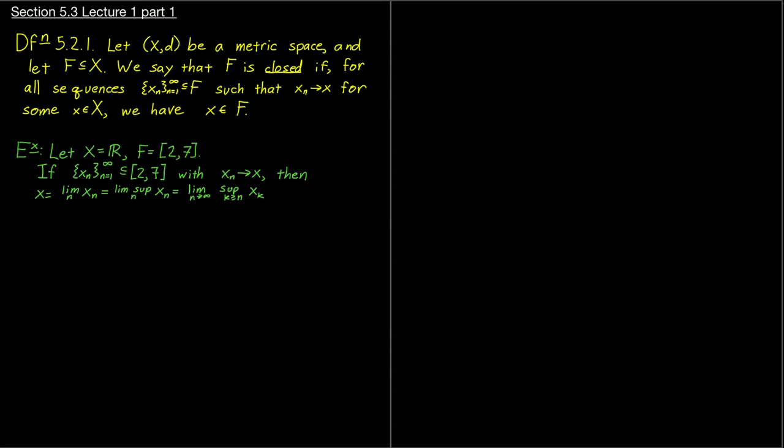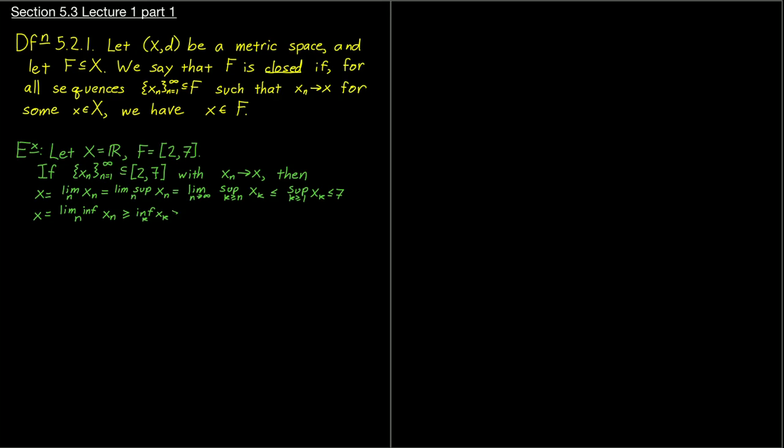Remember this is how lim sup is defined, which is certainly not going to be bigger than if you take the supremum of all of them, but they're all in [2, 7], so 7 is an upper bound. And similarly, if you converge in the real numbers, your limit is your lim inf, which I'm not going to write out the entire argument.